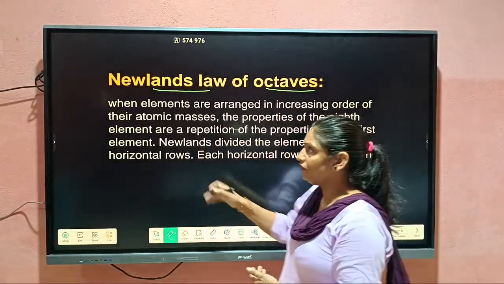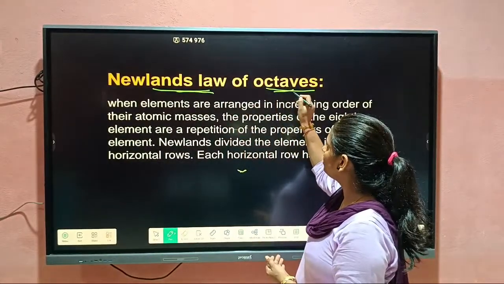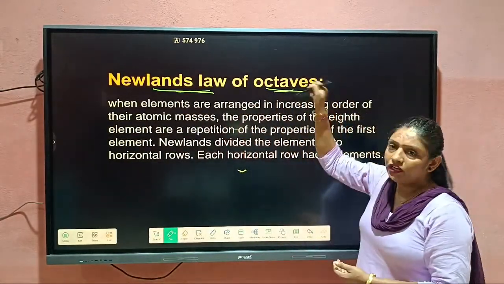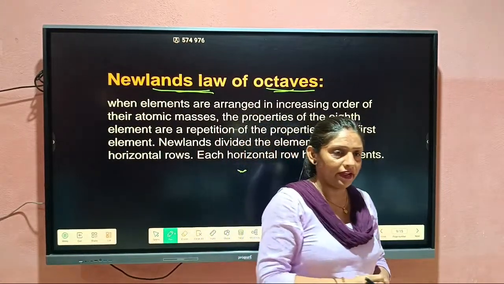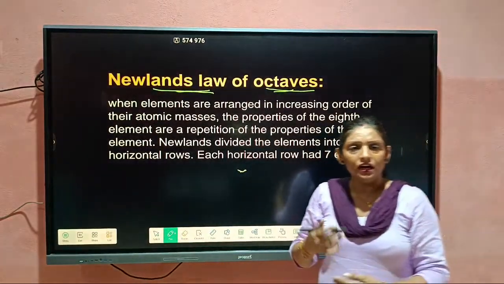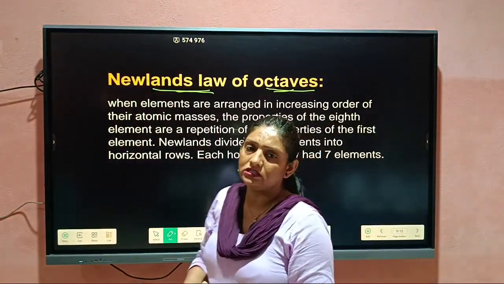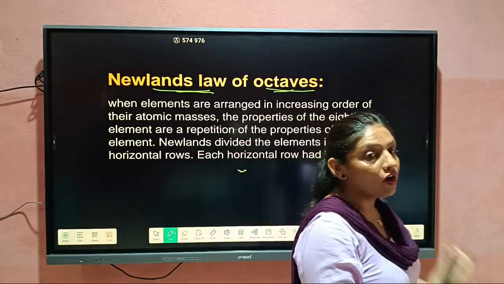Because this law was given by Newland, it is known as Newland law of octaves. Because Newland was working with 8 elements at the same time. So this is known as the Newland law of octaves.